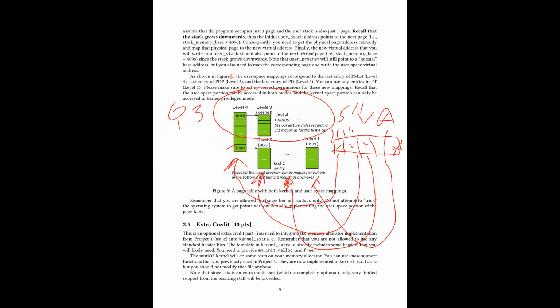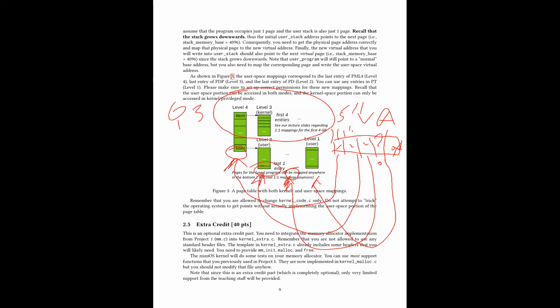You're going to go to the last entry here, the last entry here, the last entry in level 2, and then for level 1, I give you some flexibility. I put a question mark here. That's up to you to decide which one you want to use. You're allowed to use the last 512 entries, the last 512 pages. Any of them you can use, right? So just keep that in mind. This is how the virtual address gets carried over to level 4.